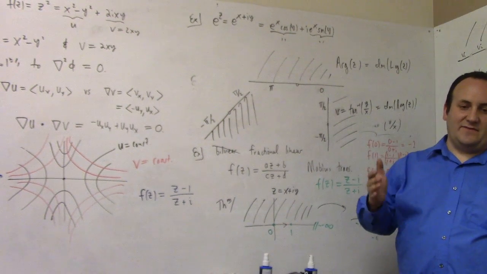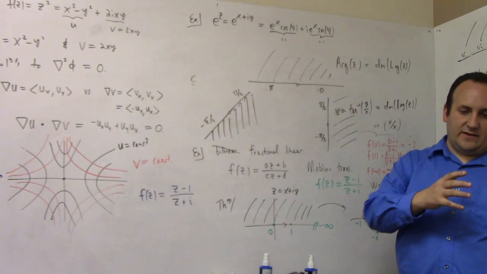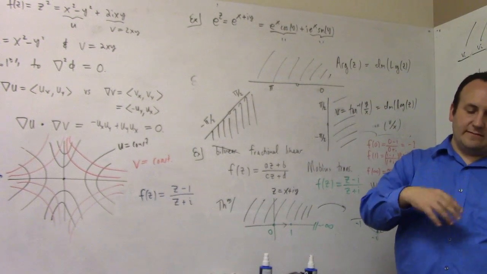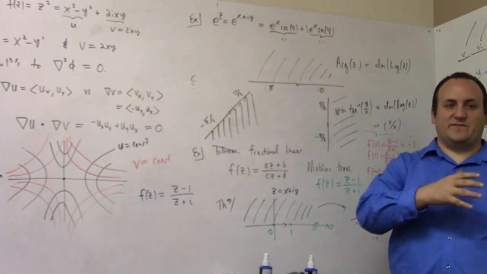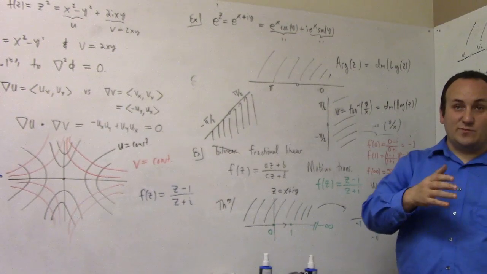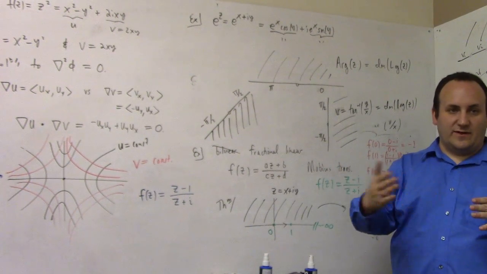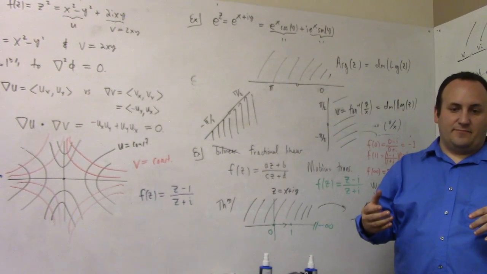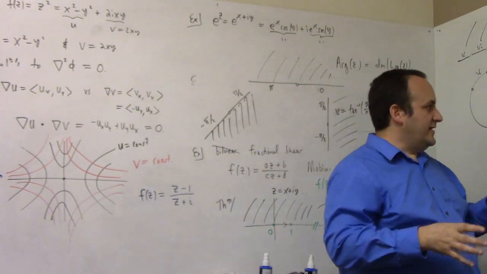If I have a solution and I look at a hyperbolic map from the x plus jy plane to the u plus jv plane, there's going to be a correspondence between solutions to the wave equation.